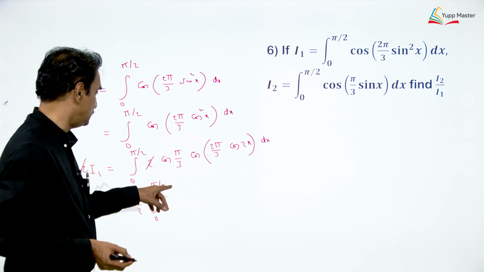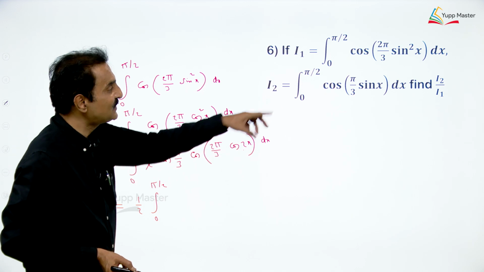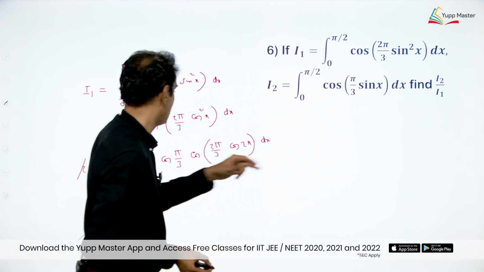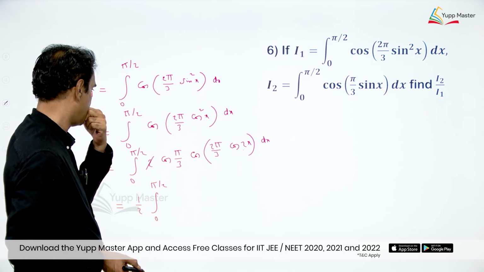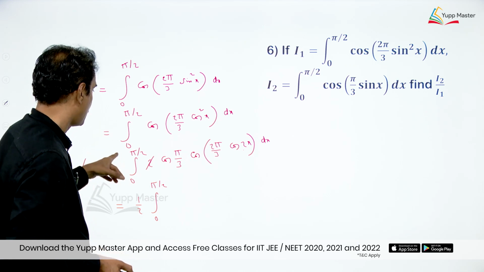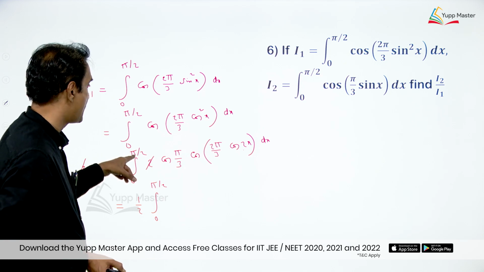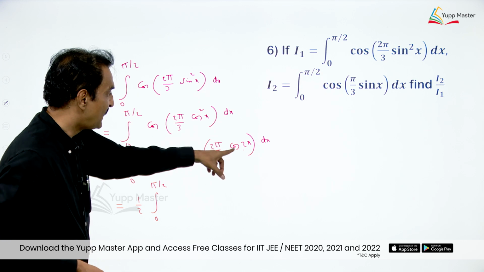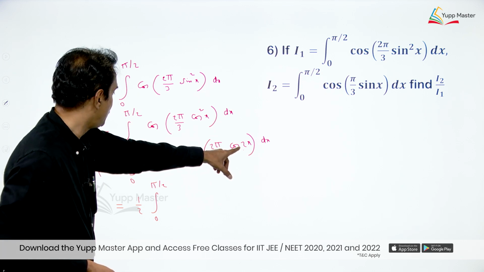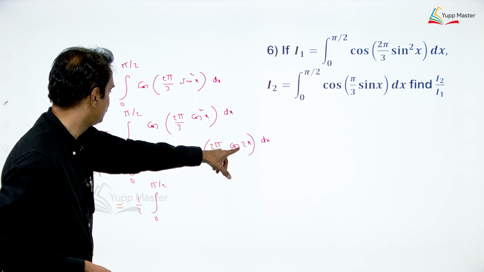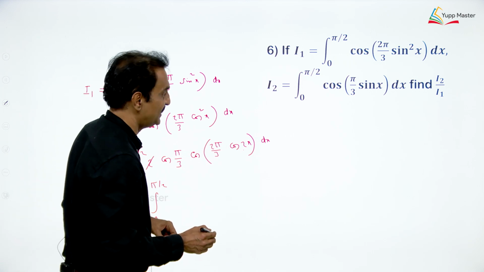Now, you can put 2x is equal to t because you want finally, substituting pi by 2 minus x, what happens? It becomes pi minus, no use. So, let us put 2x is equal to t.